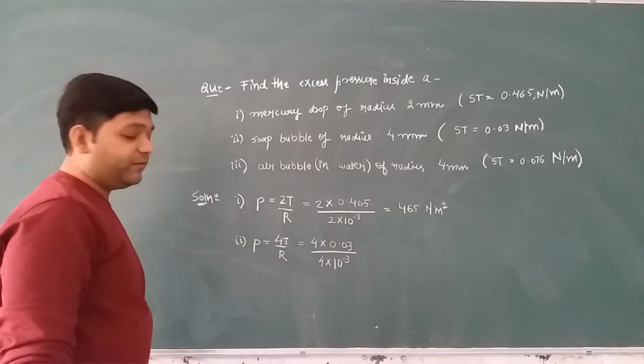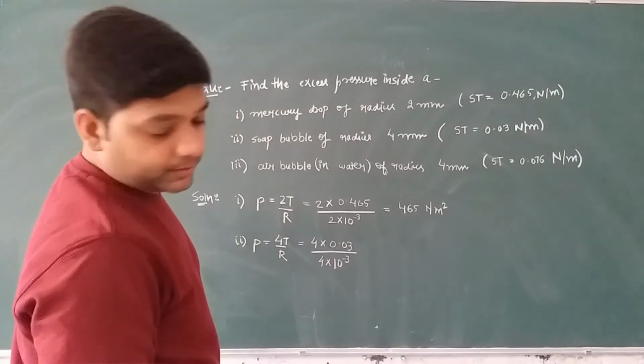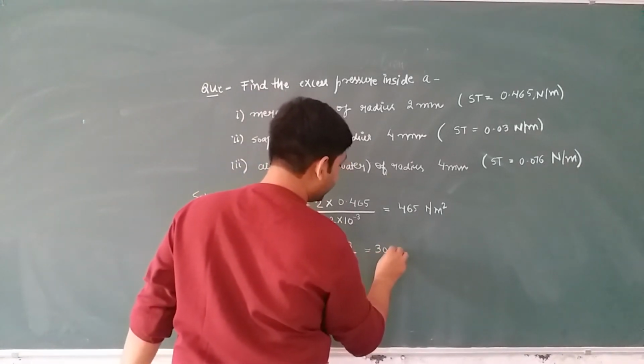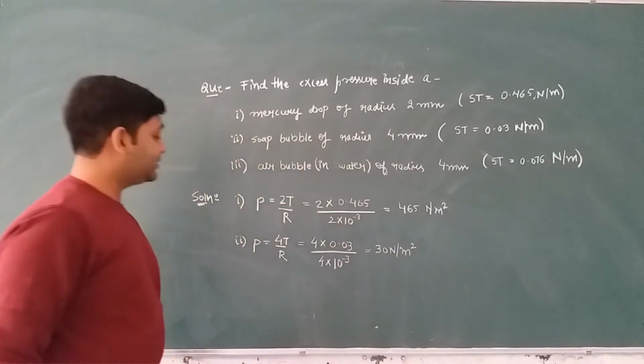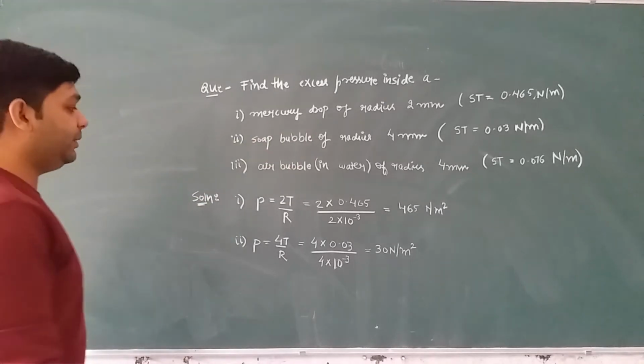So on solving this, the answer will come out to be 30 Newton per meter square. Please solve them by yourself. This comes out to be the excess pressure inside a soap bubble of radius 4 millimeters.